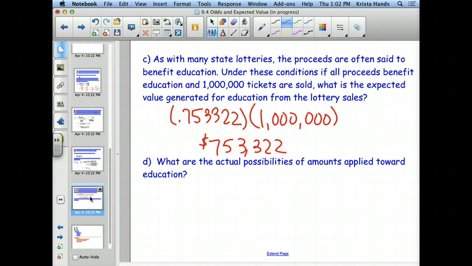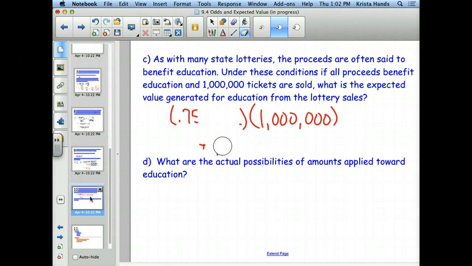Oh. Did I write that wrong? Oh, I did. I think this is a 0 in here. I'm so sorry. It's 0.75332200. Okay, let me write what you have again. I think I just have one of my decimals off. 0.753322, what was it? 332200. Oh my goodness. Okay.